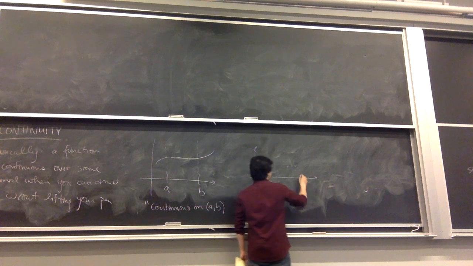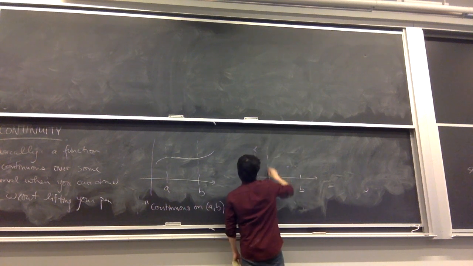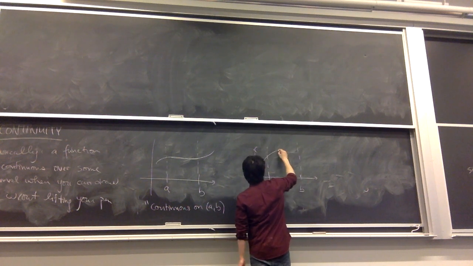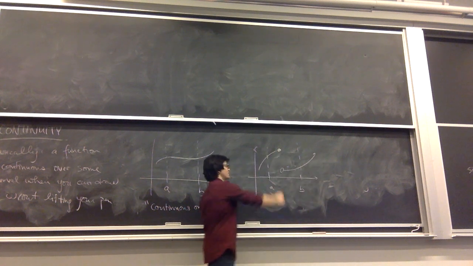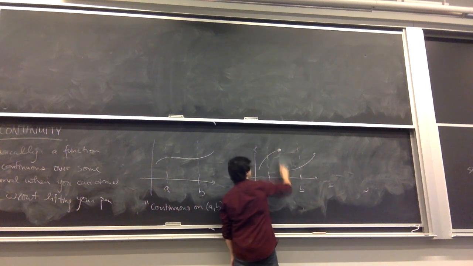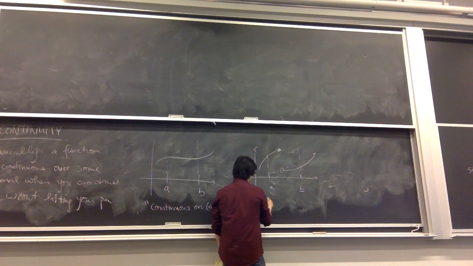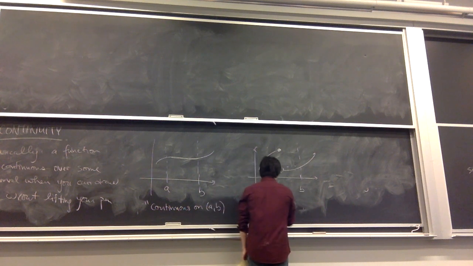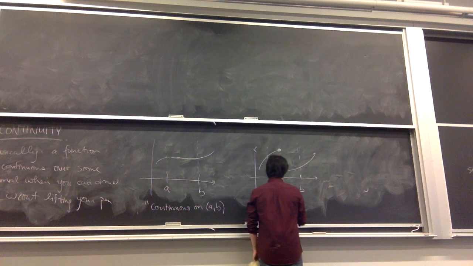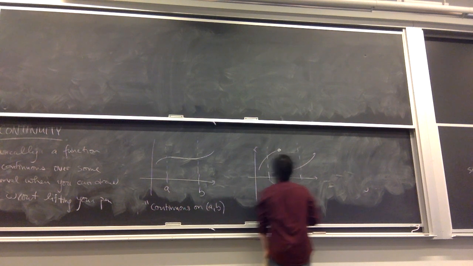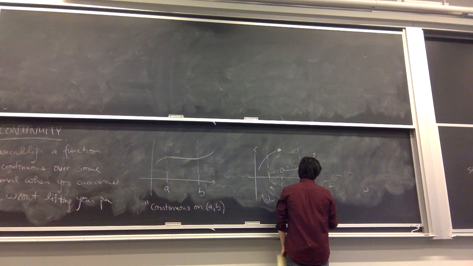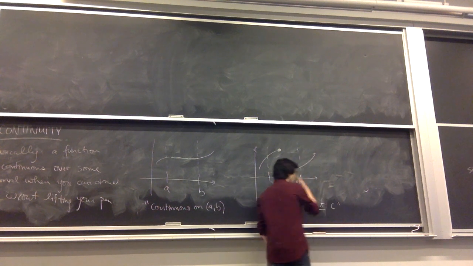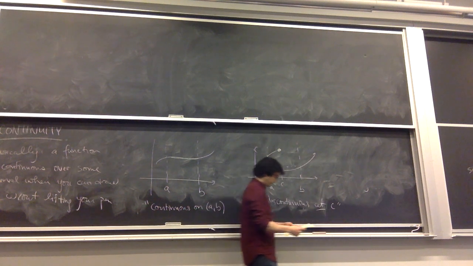This is A, this is B. It does this, it does this. Can I draw this function without lifting up my pen? No. This is called discontinuous. And if I designate this point C, I can say this is discontinuous at C.